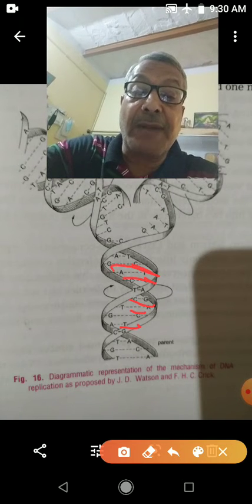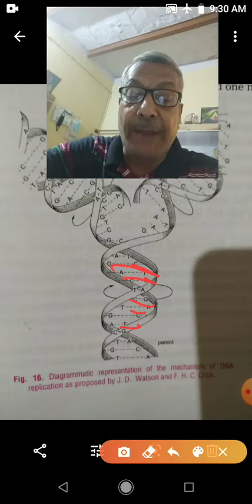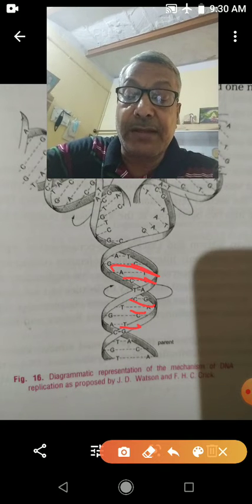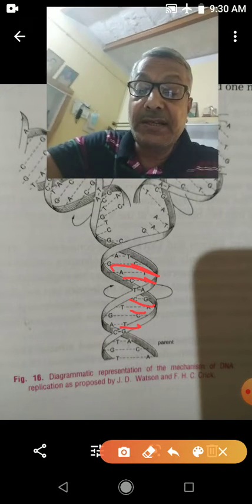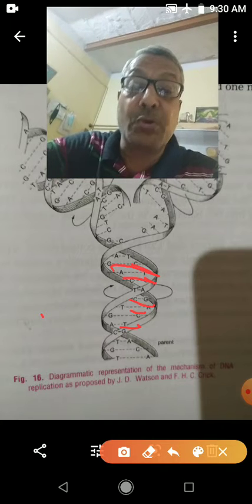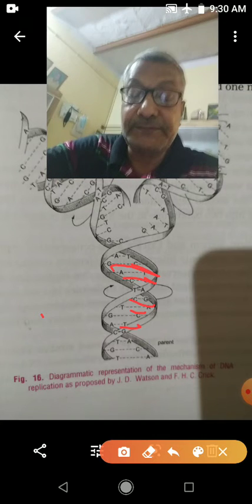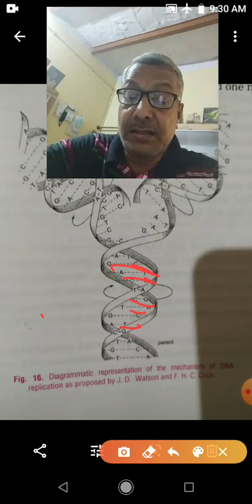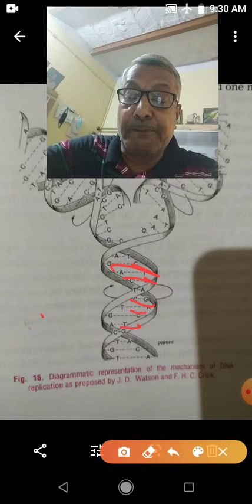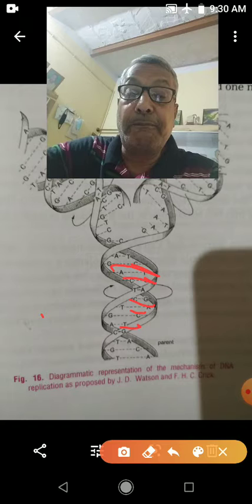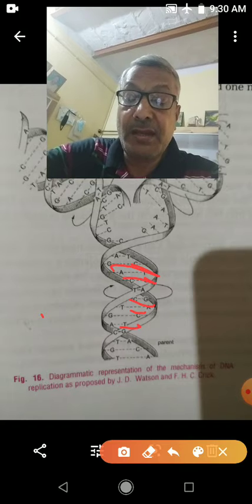These hydrogen bonds will break, and after breaking, both strands of DNA are going to separate. The hydrogen bonds are present between adenine and thymine, and cytosine and guanine.